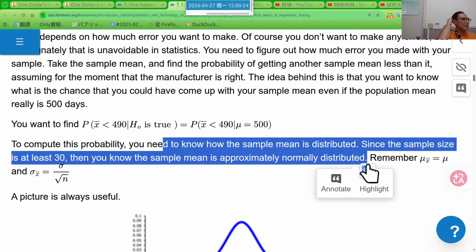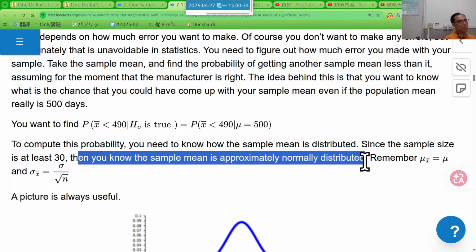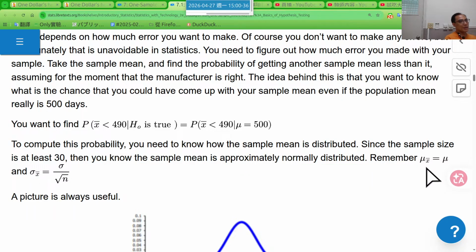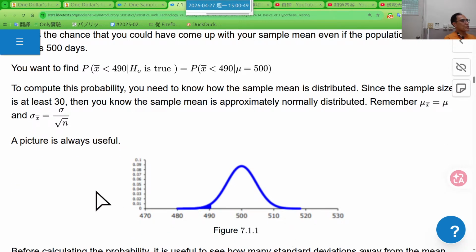Since the sample size is at least 30, you know the sample mean is approximately normally distributed. Remember, the mean of the sample mean is mu, okay? And the standard deviation looks like this. A picture is always useful like this one.